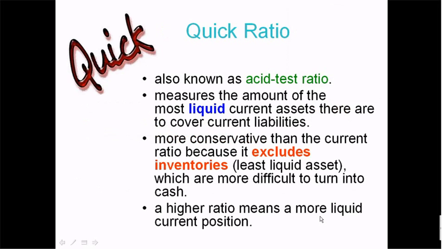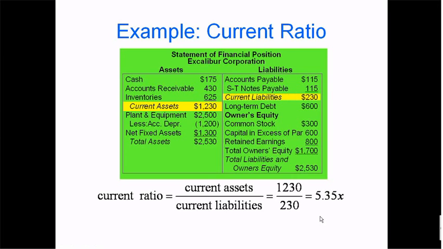Let's look at some figures here. This is the statement of financial position of this company called Excalibur Corporation. So this is the name of the company. If we want to calculate the current ratio, we use the formula given just now, current assets divided by current liabilities. From the SFP, you can easily get the total current assets 1230. It consists of cash 175, accounts receivable 430, and inventories 625.